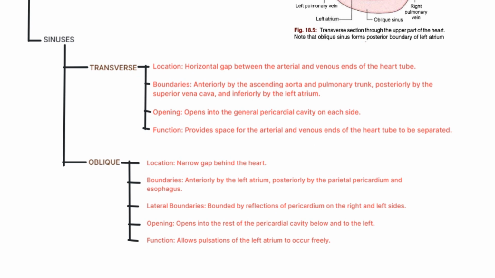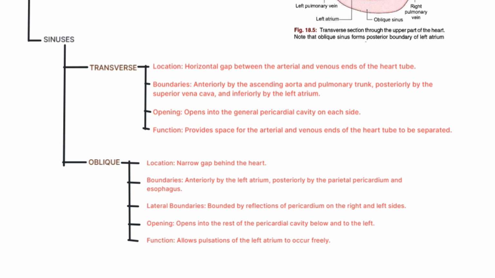It is the horizontal gap between the arterial and venous end of the heart tube. It is bounded anteriorly by the ascending aorta and pulmonary trunk, posteriorly by the superior vena cava, and inferiorly by the left atrium. On each side, it opens into the general pericardial cavity.